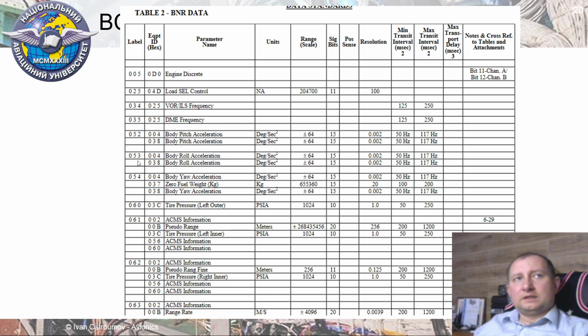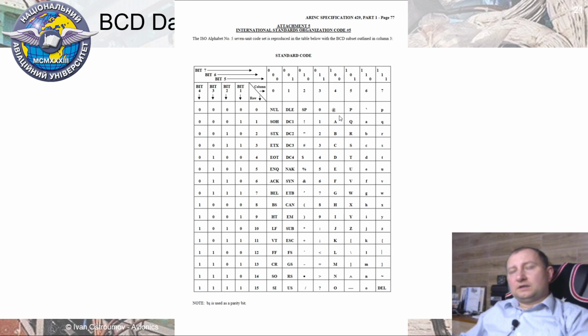If we talk about ISO 5, also we've got a table as follows, where we have a set of symbols and Latin characters, which we can use to transfer some coded data, contextual data.